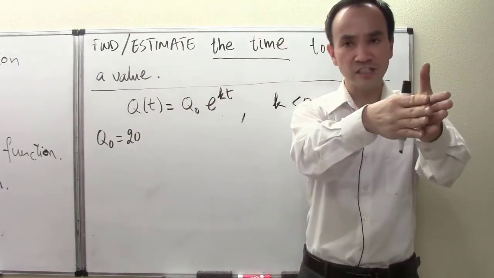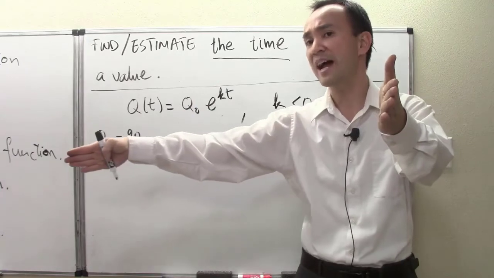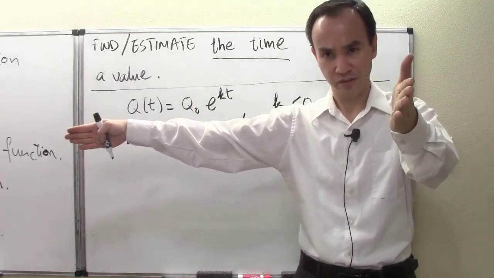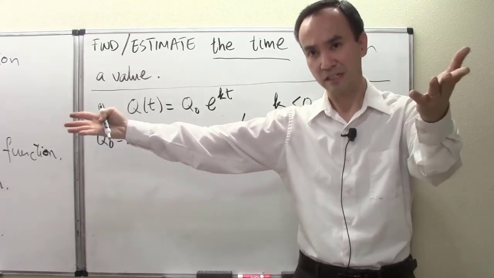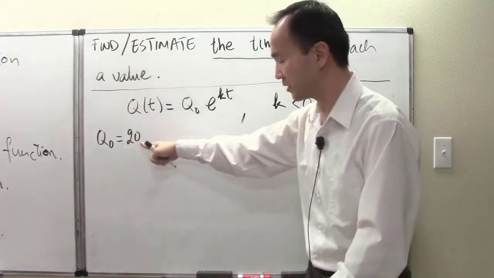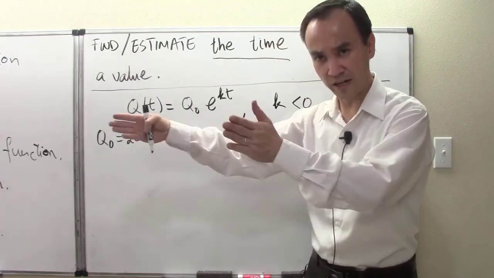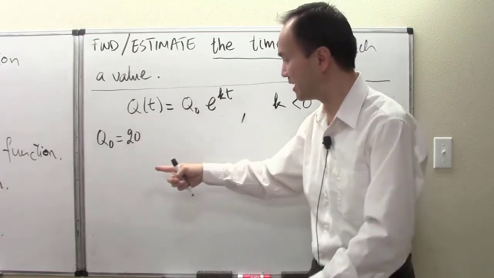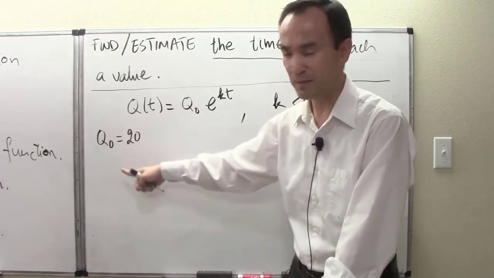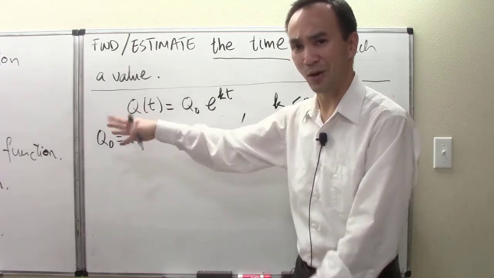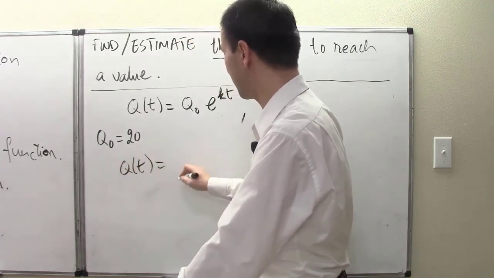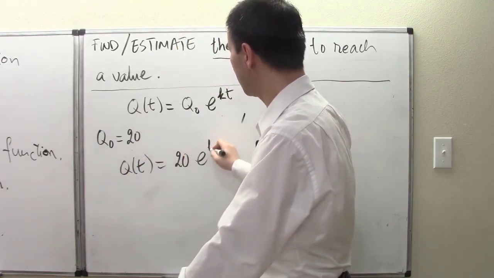From that point on, scientists noticed it took more than 11 centuries to decay from that 20 milligrams down to 12 milligrams. So we can legally call that 20 milligrams the initial amount. And so immediately, Q of t equals 20 times e to the kt.